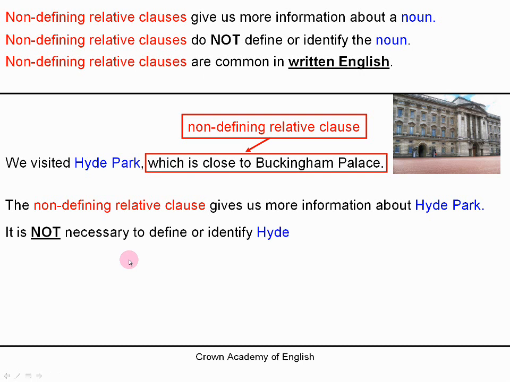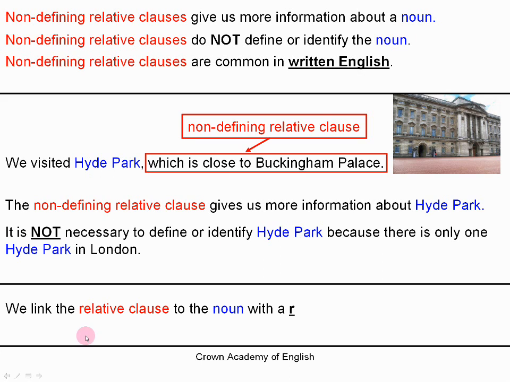And it is not necessary to define or identify Hyde Park, because there is only one Hyde Park in London. Okay, so this is the big difference with defining relative clauses. Okay, so we are not identifying Hyde Park because there's only one of them. We are simply giving more information about the park.